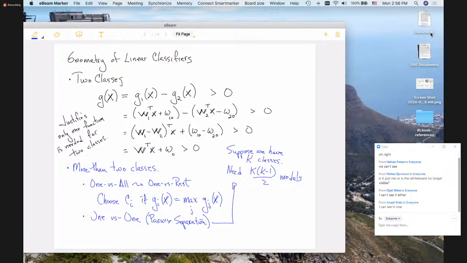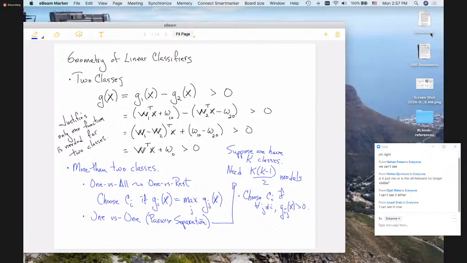And then what do? Well, we have choices again. One choice says, choose Ci if for all j not equal to i, Gij of x is greater than 0.